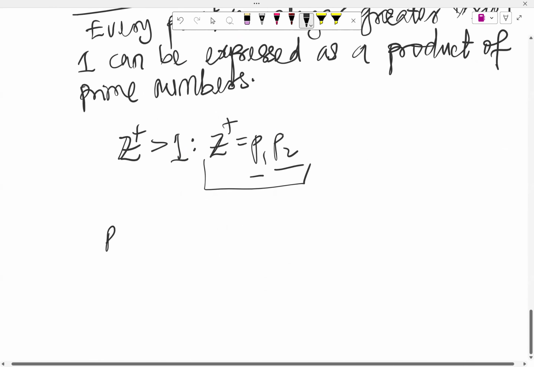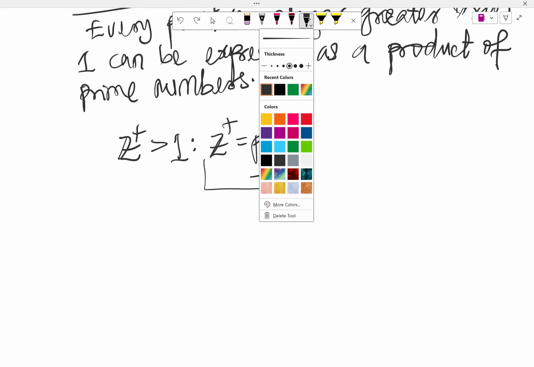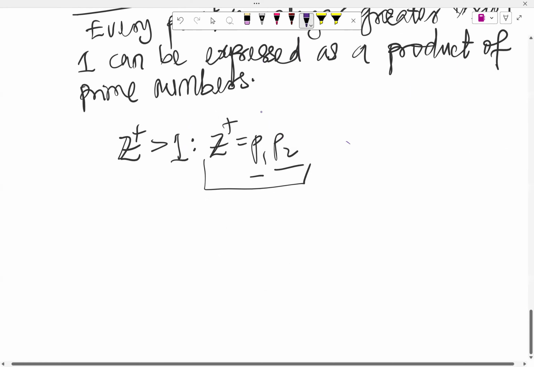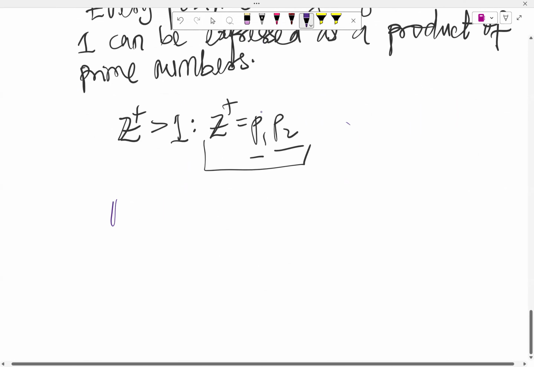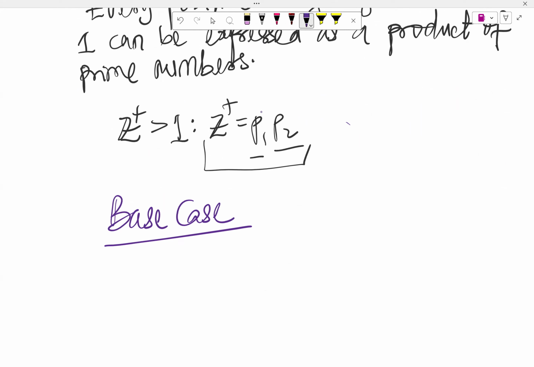For the base case, I like to do, instead of just doing n equals 1, n equals 2. But in this case, we may have a bit of twist because we are saying that it is every positive integer greater than 1. So for the base case, you have the first positive integer after one.